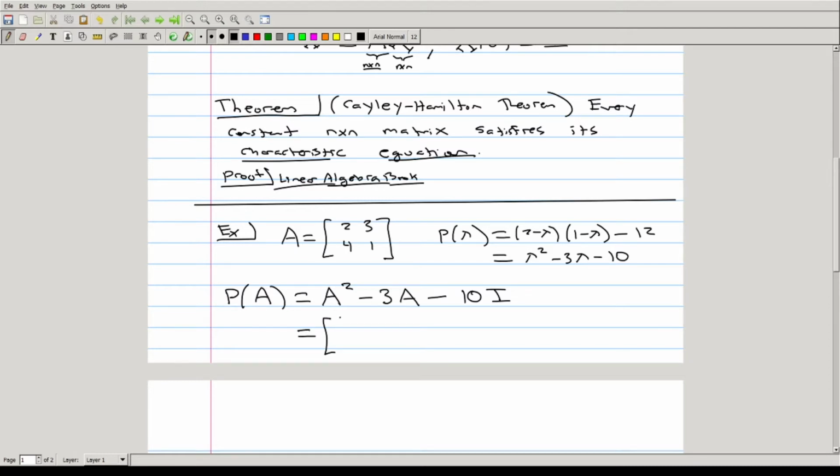This will reduce to [16, 9; 12, 13] minus [6, 9; 12, 3] minus [10, 0; 0, 10], which results in [0, 0; 0, 0].